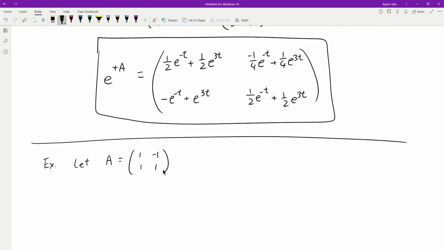Once again, we're going to give you the eigenvalues because you should know how to find them already. One interesting thing you might notice is that we don't actually use the eigenvectors in this method, which is nice. The eigenvalues are lambda 1 equal to 1 plus i, and lambda 2 equal to 1 minus i.